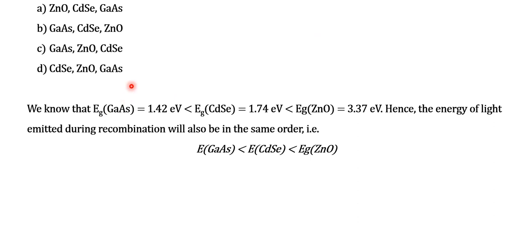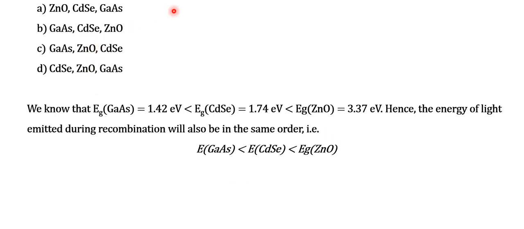So here we know that, since you don't know the values, I'll start with gallium arsenide, it is 1.42, cadmium selenide is 1.47, and zinc oxide is 3.37. So we know that if you take 1.24 by lambda, this order will come in the inverse way, right?